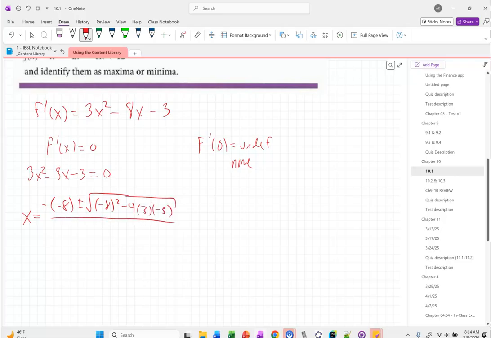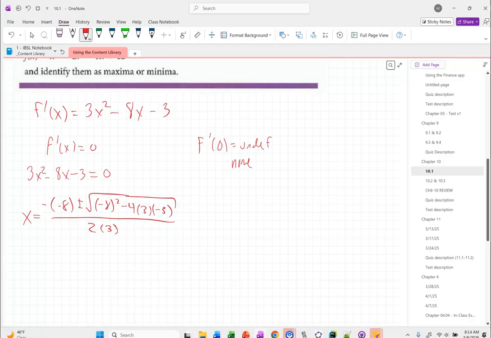And I love rigor. So again, I'm just applying the quadratic formula, negative b plus or minus square root of b squared minus 4ac, all over 2a. If you haven't got that memorized by now, God help you. We've used it for 4 years now.